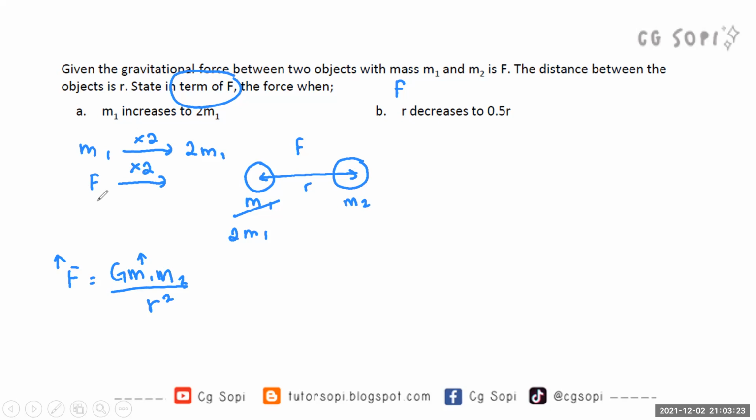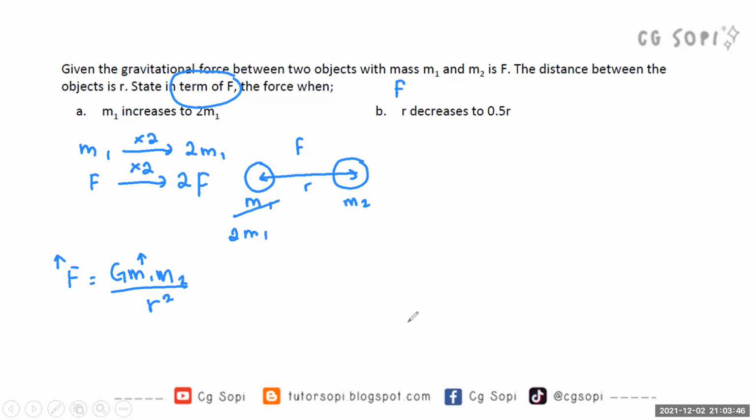F multiplied by 2 gives 2F. So when the mass is M1, the force is F, but if the mass of object 1 is doubled, becoming 2M1, your F will be 2F. That is the first one.